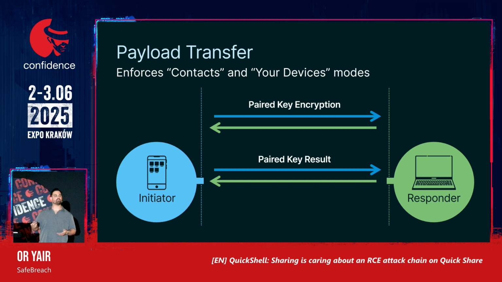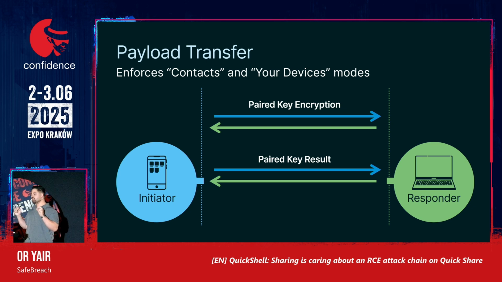In that same form, the devices later on also exchanged a payload transfer packet that contained a paired key result structure, and we didn't quite understand their purpose. But using a few experiments, we were able to understand that these packets enforce Quickshare's device visibility modes.